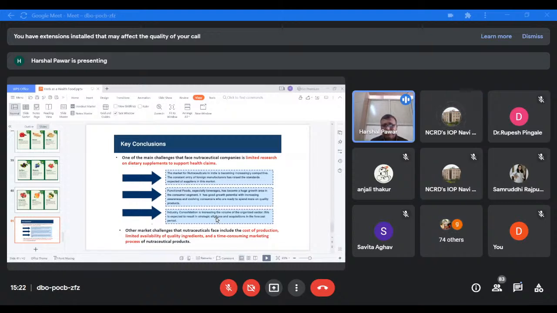Apart from this, the major challenge which we are facing in case of nutraceuticals is that the cost of production is very high, right? And the quality of ingredients or the phytoconstituents which we are getting is not up to the mark, right?